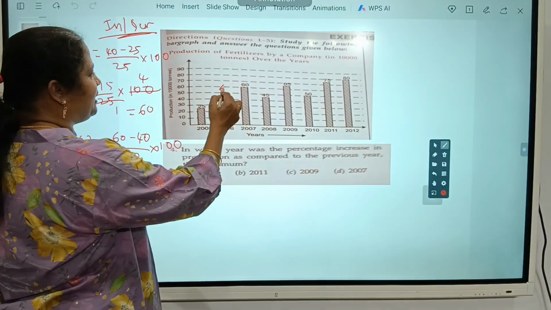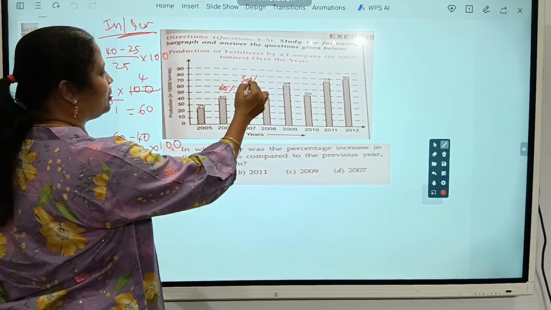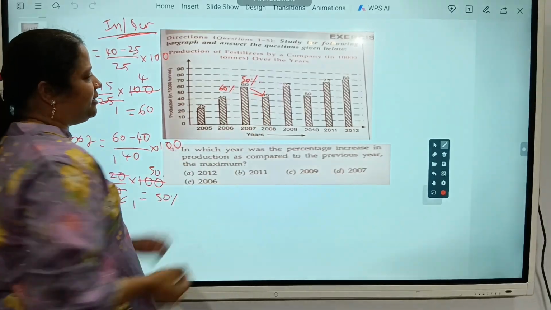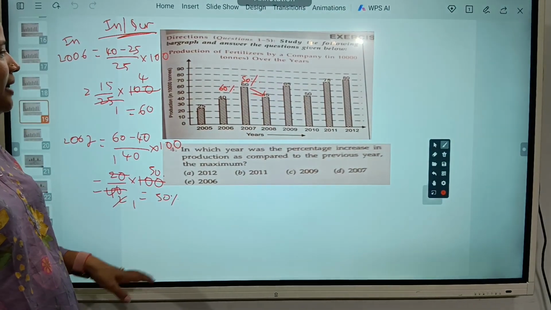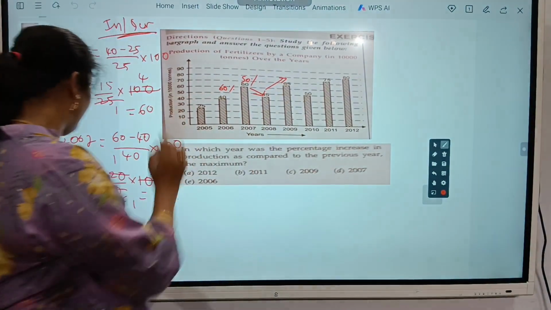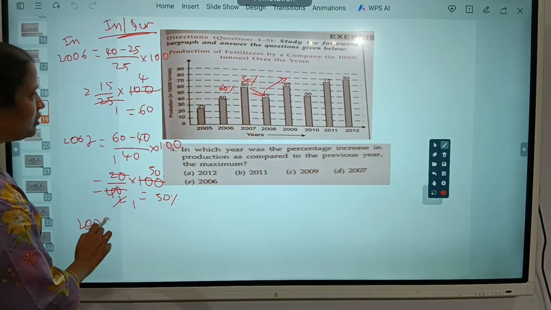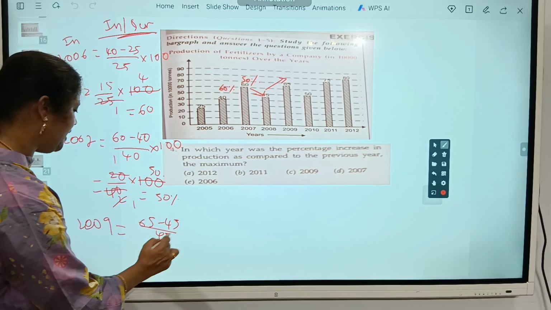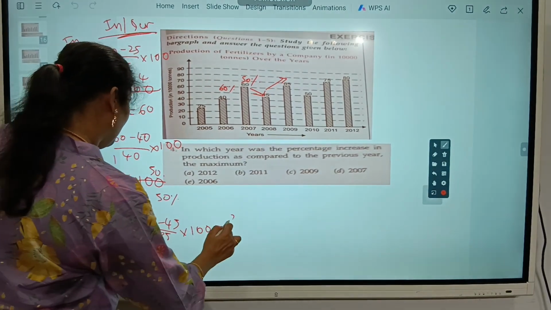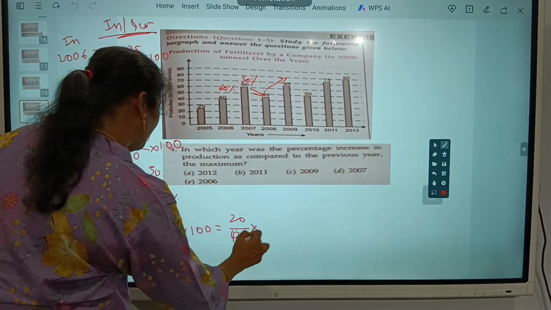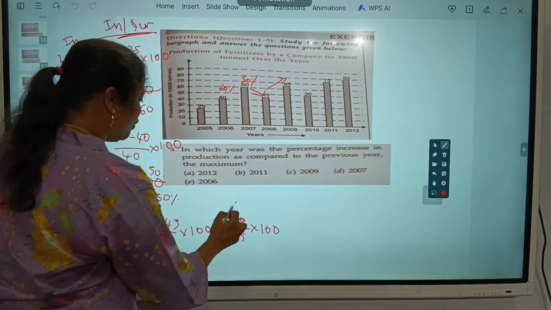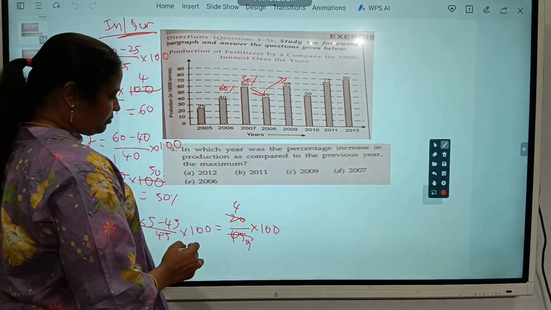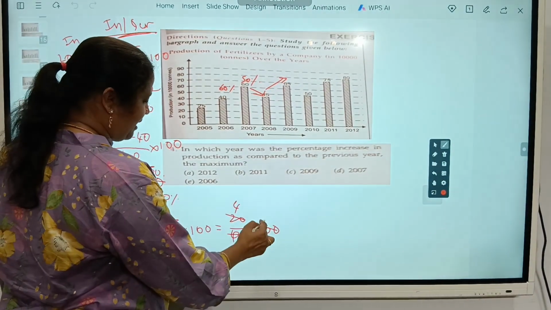It is 60% in 2006, 50% in 2007. In 2008, there is a decline, so we need not calculate that value. Again, in 2009, we will calculate 65 minus 45 by 45 into 100. 20 by 45 into 100.